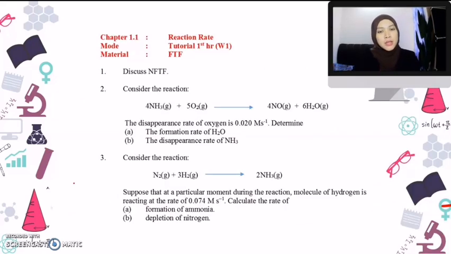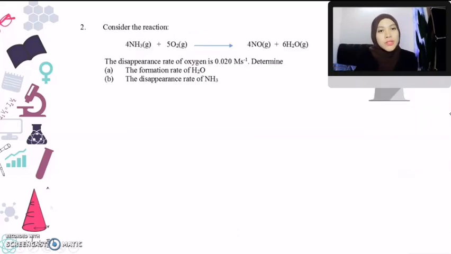Okay, next we go to our face-to-face question. Okay, number 2. Consider the reaction of ammonia plus 5 O2 gas to produce 4 NO gas plus 6 H2O. First, it asks you to write the disappearance rate of oxygen as 0.02 M s^-1.